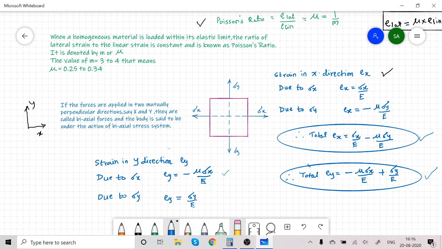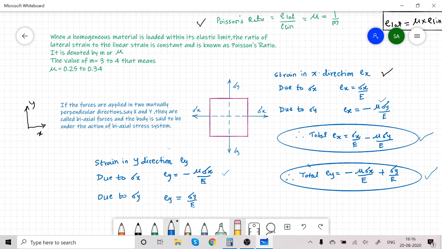When I consider the effect of sigma y on strain in x direction, I multiply it by mu here. So if on the left hand side you get Ex, on the right hand side if there is sigma y, you will multiply it by mu to get the lateral strain.